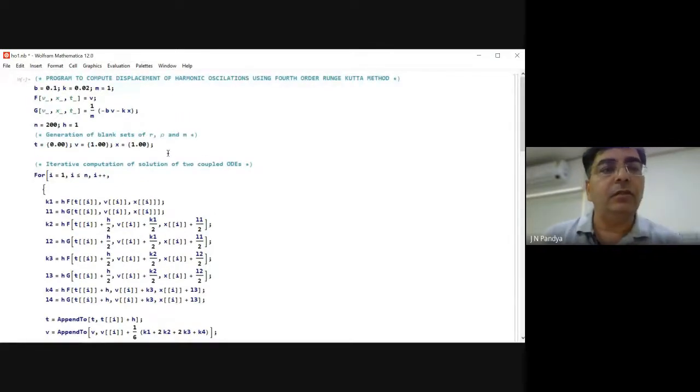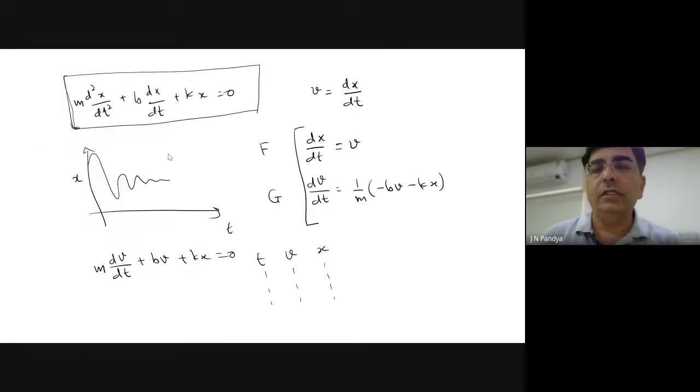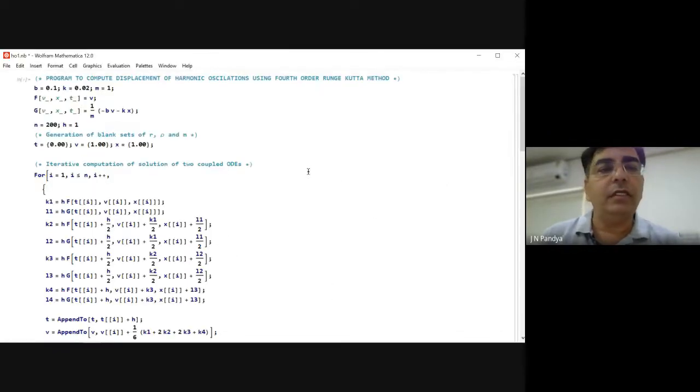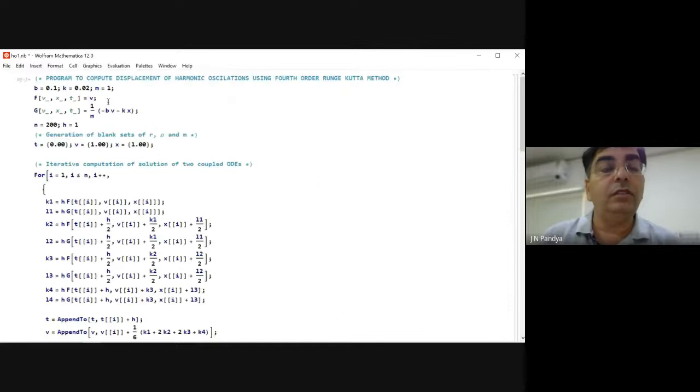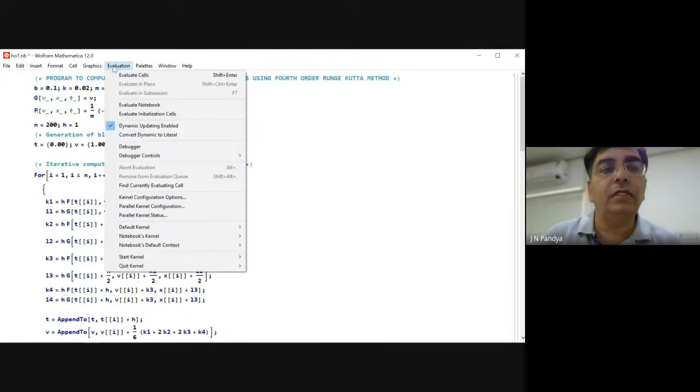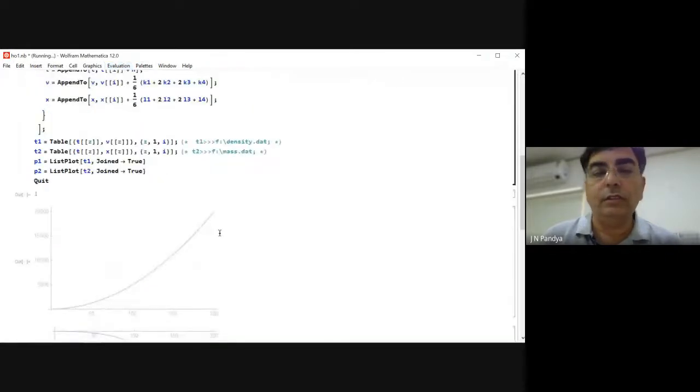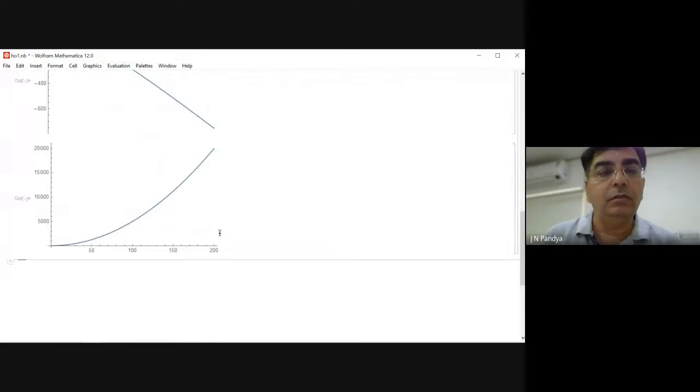Let me check. For this thing it is V 1 minus BV, KX minus BV minus KX. It's all right. What is the issue with that? So let us say this is G, this is F. Sometimes that also might create an issue.